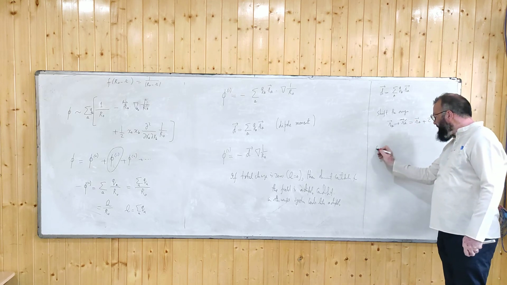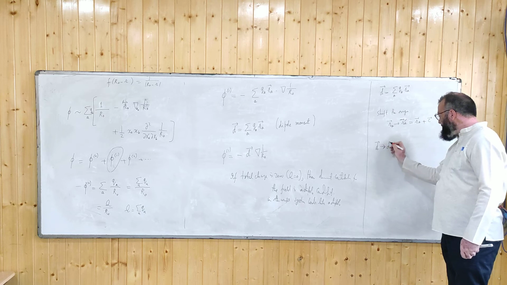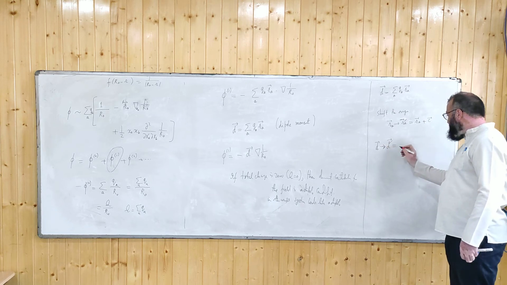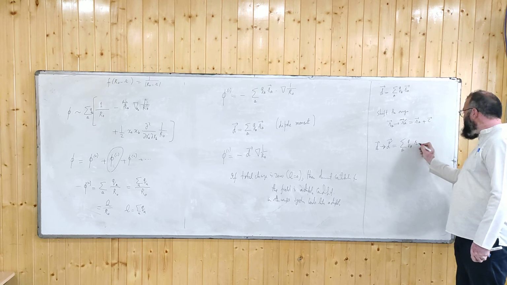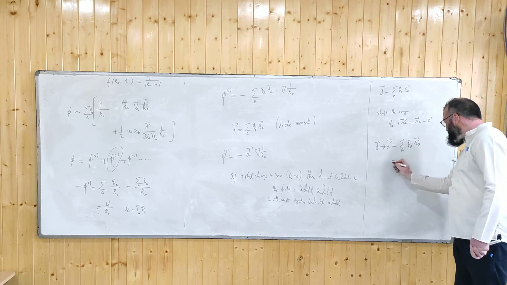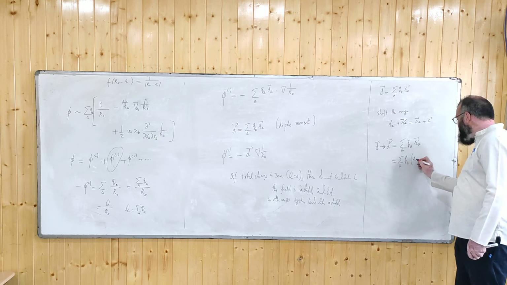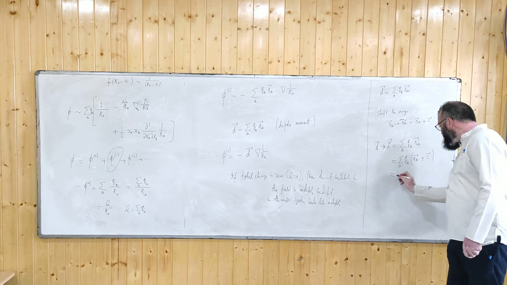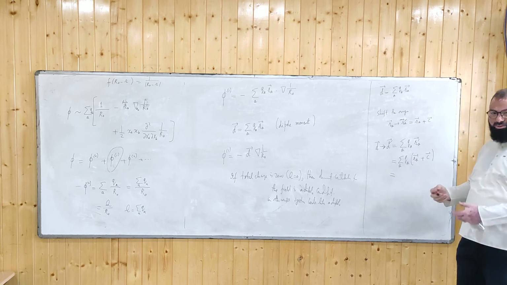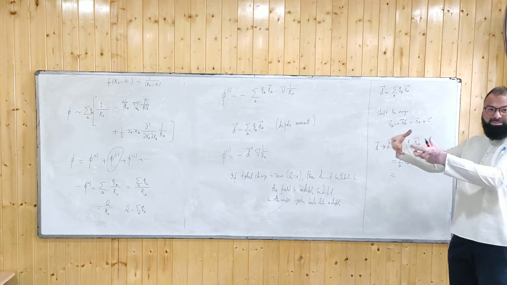So what will happen to the dipole moment? The dipole moment will change like this: summation over A of Q_A times R_A prime. What is R_A prime? R_A plus C. Clear? Since C does not contain any index, once you shift the origin, all the charges are shifted by the same amount.